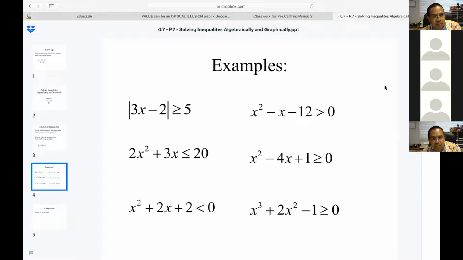But since it's greater than or equal to 5, I think infinity would be involved. Wait, I'm so confused now. Would it be bracket -1 comma infinity? Wait, never mind. Negative infinity, -1, and then 2.333 comma infinity.